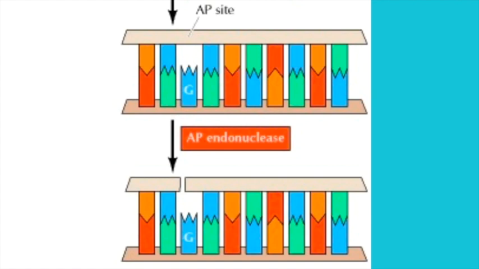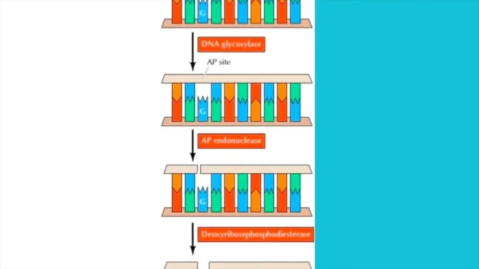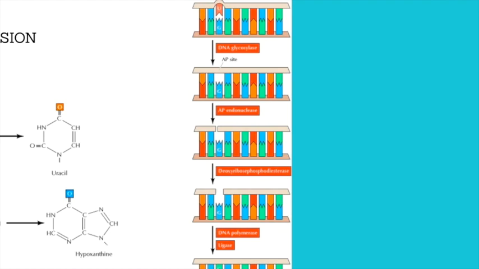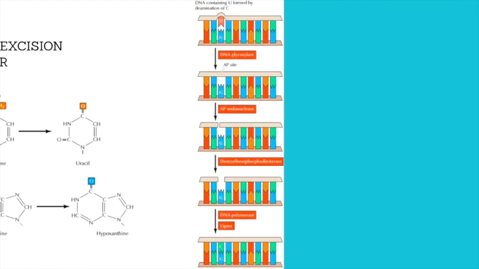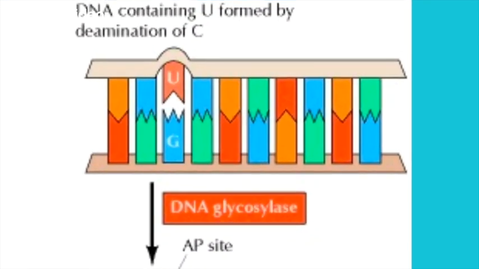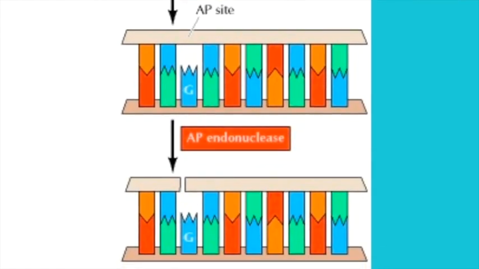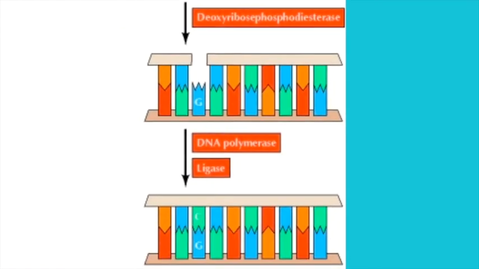So it breaks the bond between the adjacent nucleotides at the AP site, removes this apurinic or apyrimidinic sugar molecule from this site, and therefore you get a small gap in the portion of DNA which was damaged because of a chemical modification.